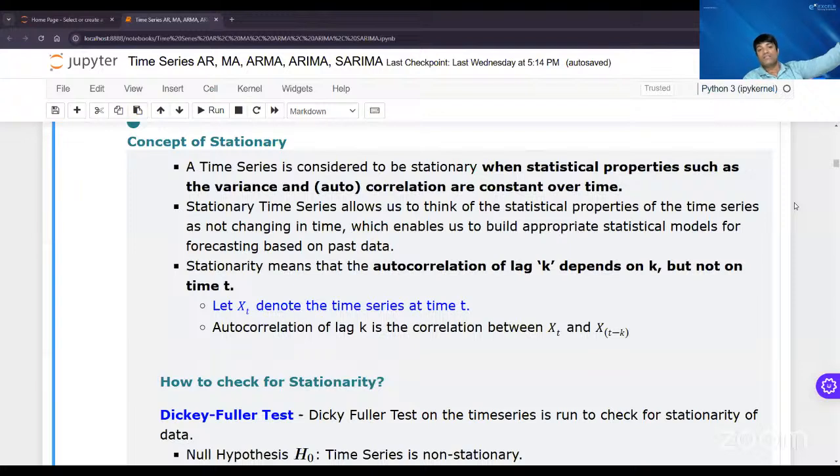Next, the most important thing is to understand what to do if the data is not stationary. Let us not dive in that much, but I'll tell you some of the things which have to be done. The most important thing is differencing, that means removing the trends, and applying log transformations, then applying seasonal decomposition.